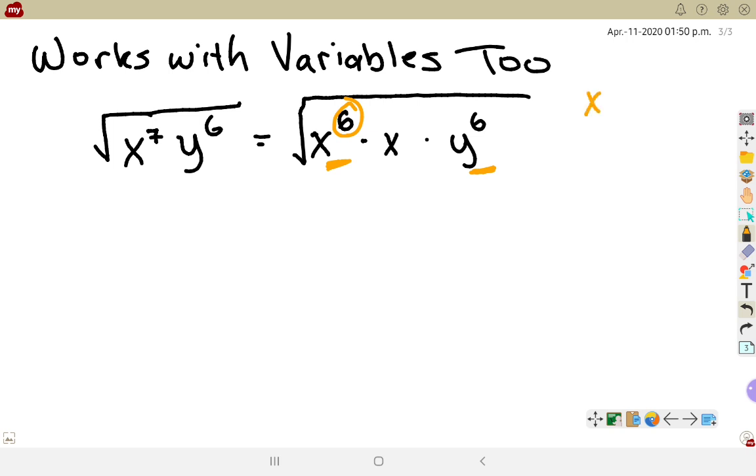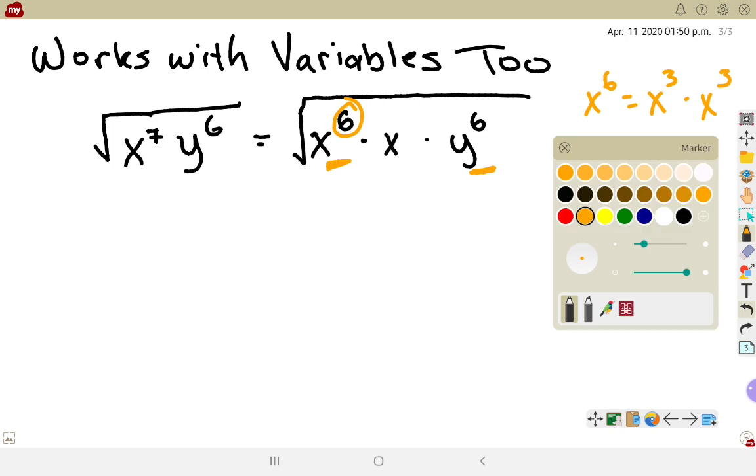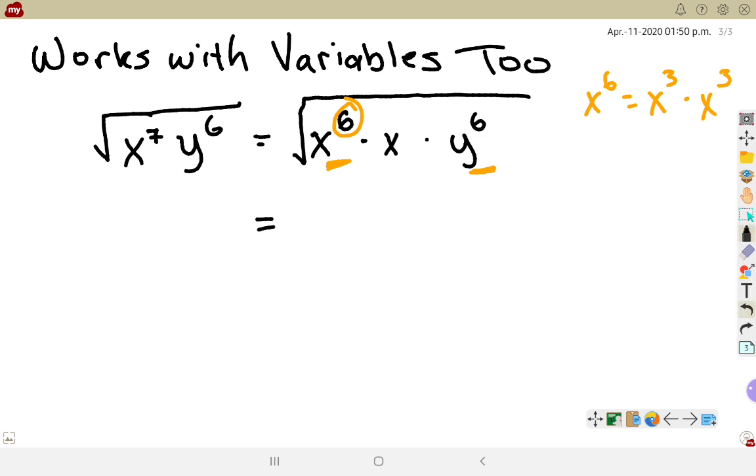Right, so x exponent 6 is the same thing as x exponent 3 times x exponent 3, right? So because x exponent 6 can be written as 2 of the same factor multiplying by itself, it is a perfect square.